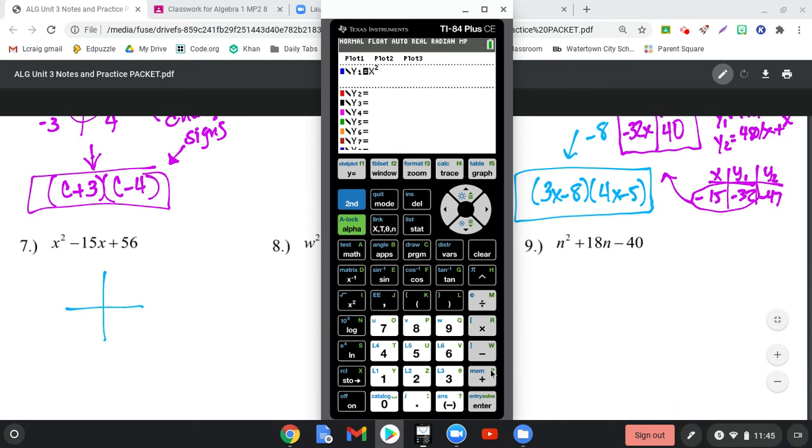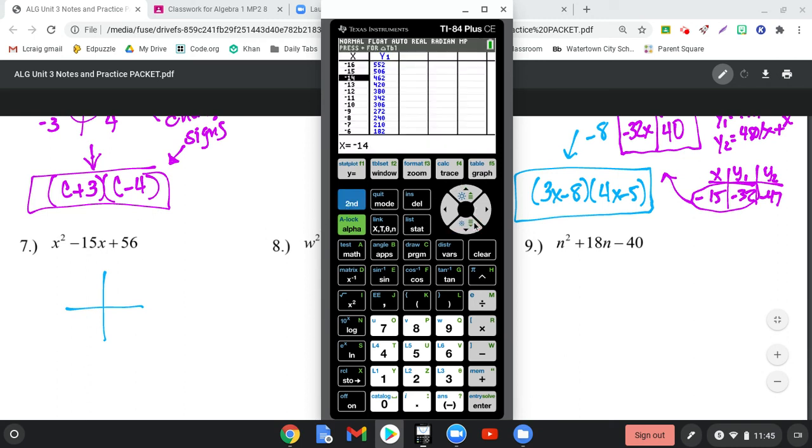X squared minus 15x plus 56. Take a look at the graph. Ooh, looks like 7 and 8, which makes sense because 7 times 8 is 56, but let's take a look at the table. Arrow down. 7 and 8 are your zeros.